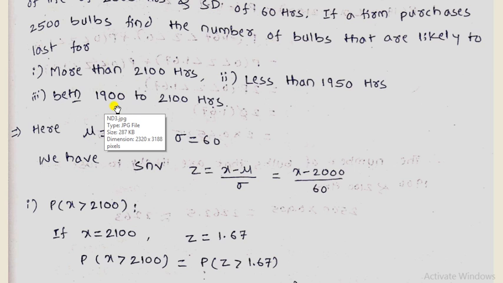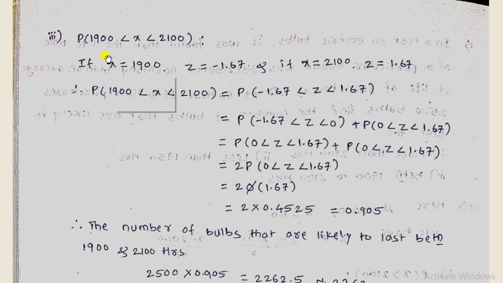Third one is between 1900 to 2100 hours. So the probability of x belonging to the interval 1900 to 2100. If x is equal to 1900, substitute 1900 in the standard normal variate: 1900 minus 2000 divided by 60. After simplifying, we get the z value as minus 1.67.